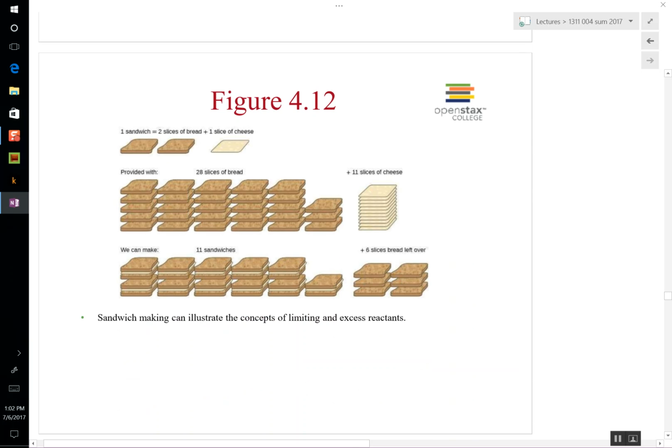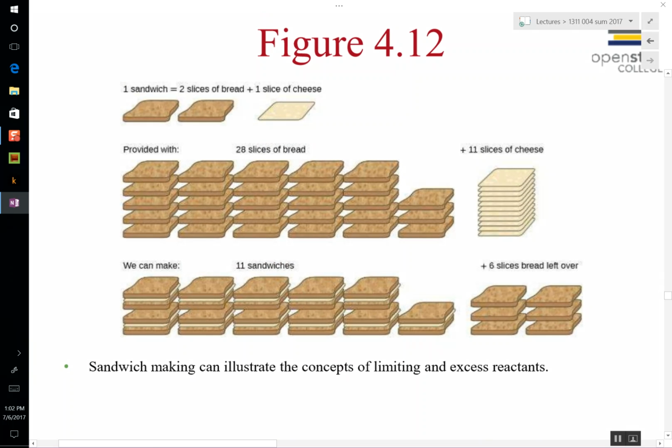All right, here's a little diagram taking my gasoline example and bringing it into the kitchen. Okay, here's your recipe for cheese sandwiches. 2 pieces of bread, 1 piece of cheese.